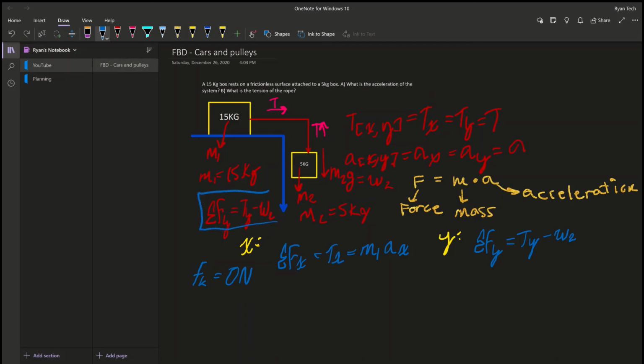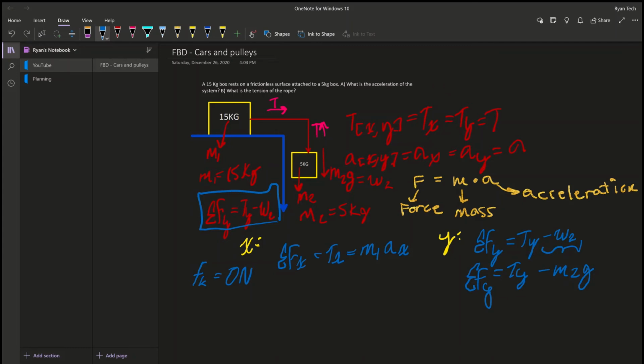We've mentioned that right here. Now W2 is the same thing as the M2G, and we have Ty here, and that is equal to the sum of all the forces in the vertical direction.